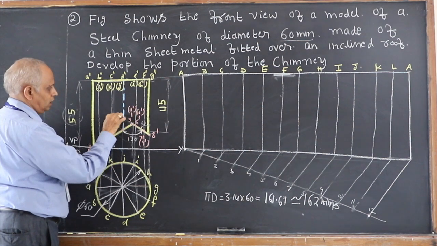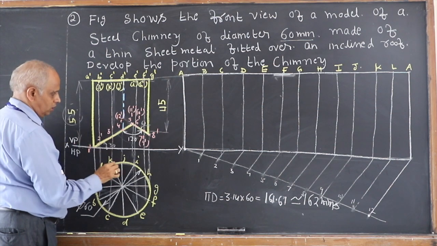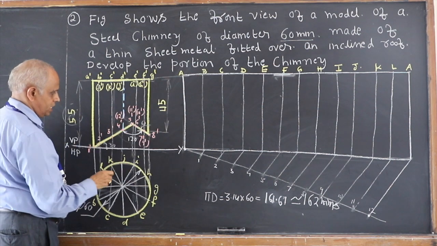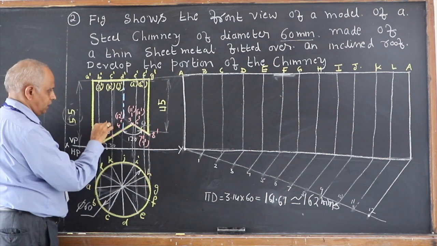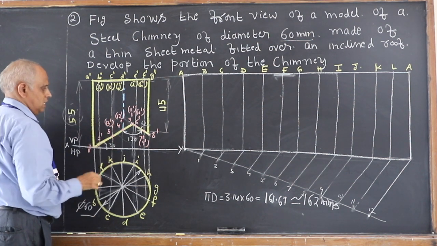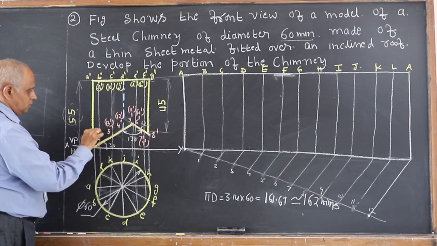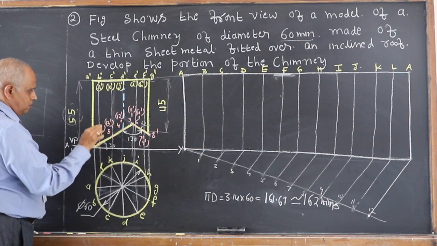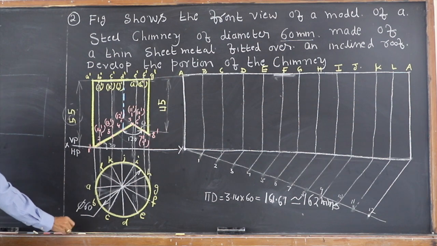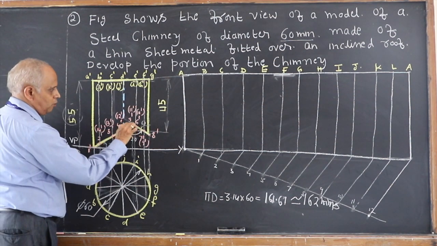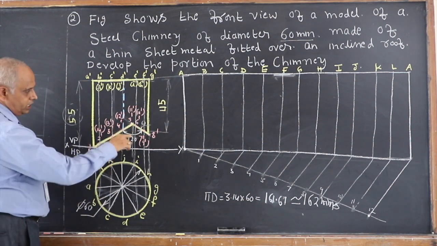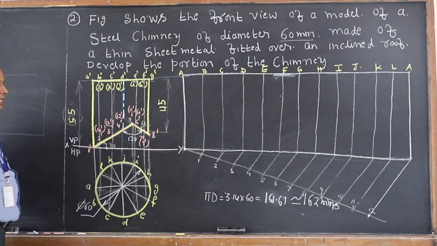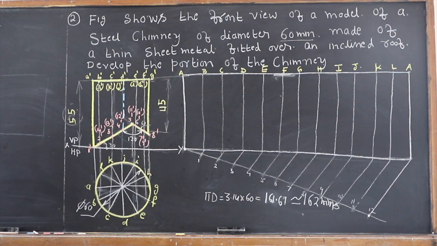Here 12 dash at the back, that means it's on generator J. Then here on K 13 dash, and here 14 dash. Remember 12 section points are on the generators, but this point is very important. There is no generator passing through this under construction here, but you should take care of these two extra points coming in this problem.